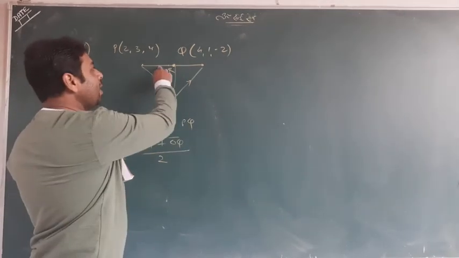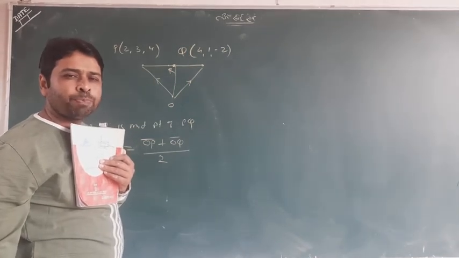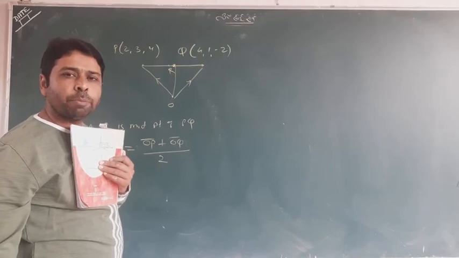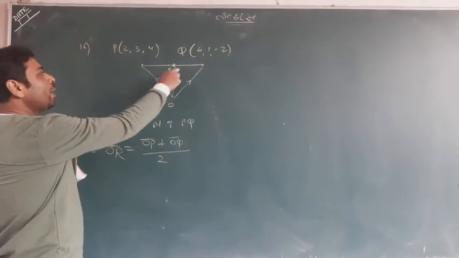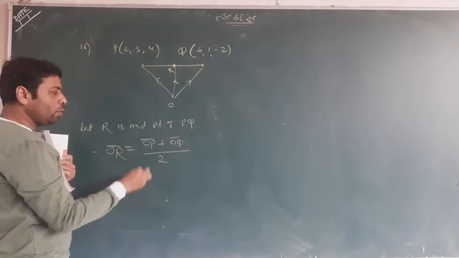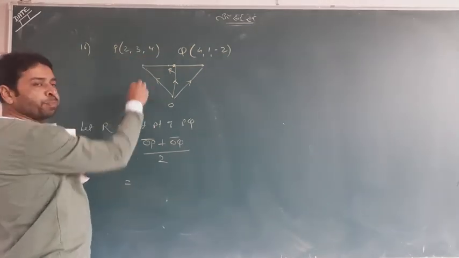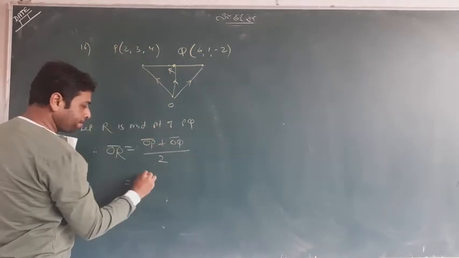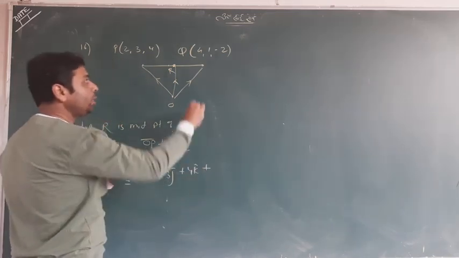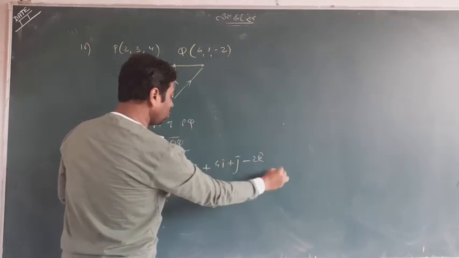You know, m and n I taught you, but when we want to find the position vector of the midpoint, it is independent of m and n. So OR equals OP plus OQ upon 2. Put in the values. What is OP? Position vector of P, so OP will be 2i plus 3j plus 4k, and OQ, meaning position vector of Q, is 4i plus 1j minus 2k, upon 2.